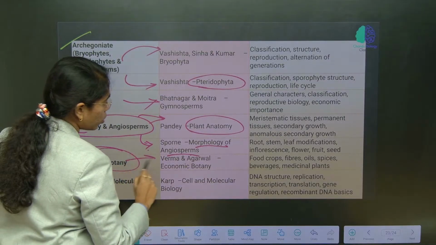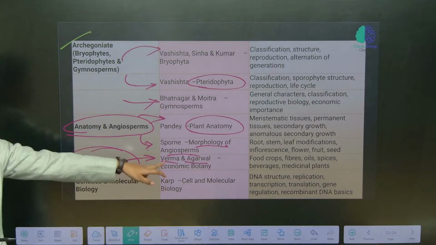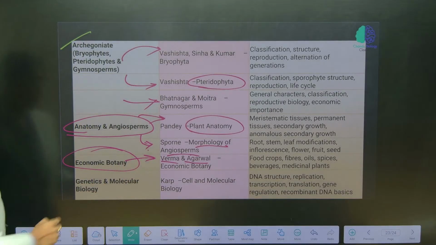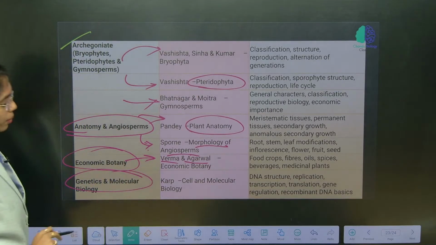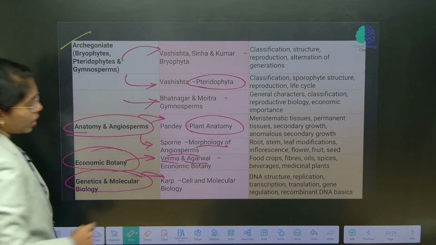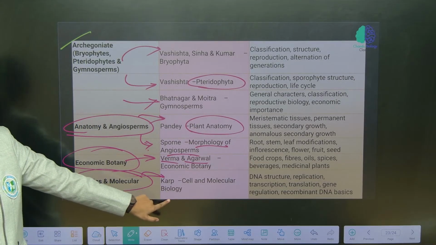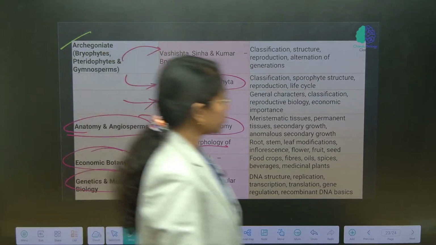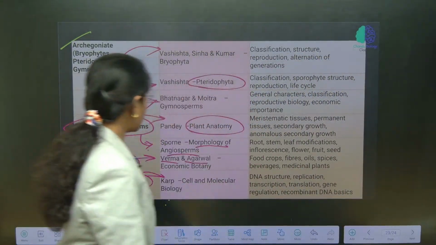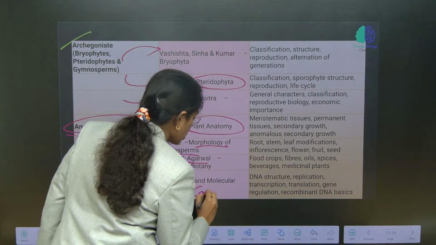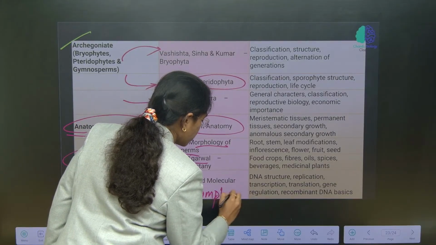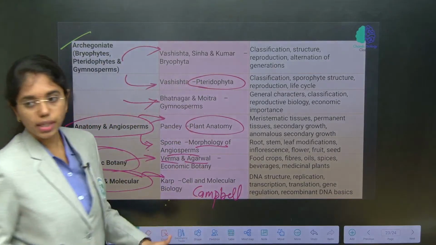Economic Botany, go through Verma and Agarwal, it will give you complete examples. Next, Genetics and Molecular Biology by Karp, Cell and Molecular Cell Biology, this you can refer for cell biology as well, okay. Campbell, I forgot to mention here, Campbell is also a standard book, you can refer to it for both molecular biology, genetics and cell biology, okay.